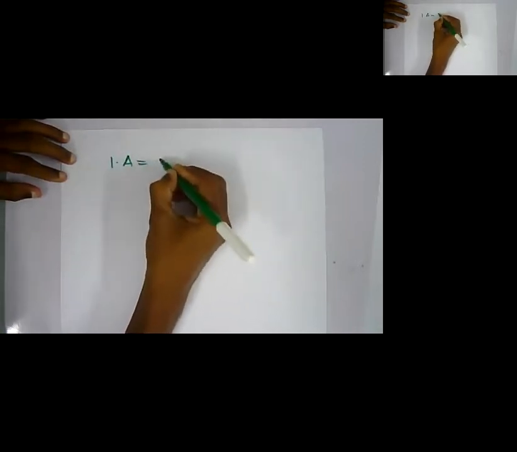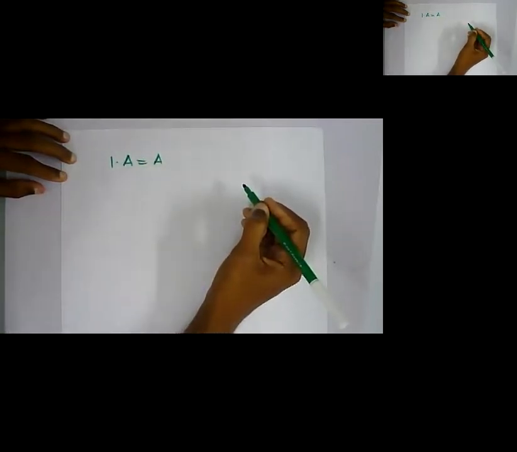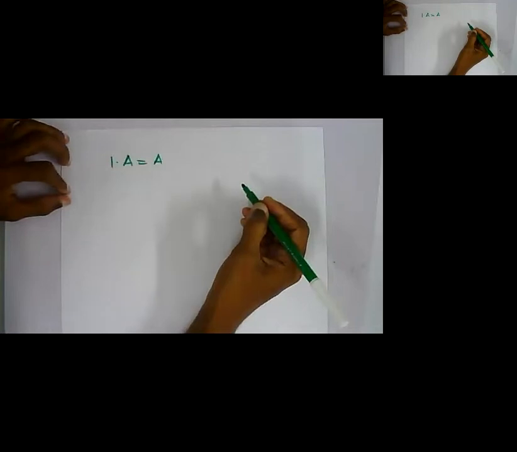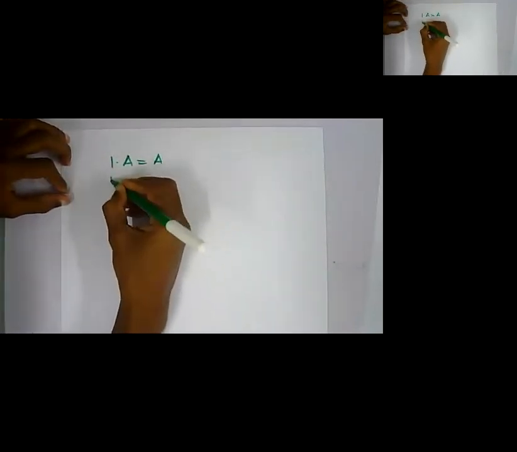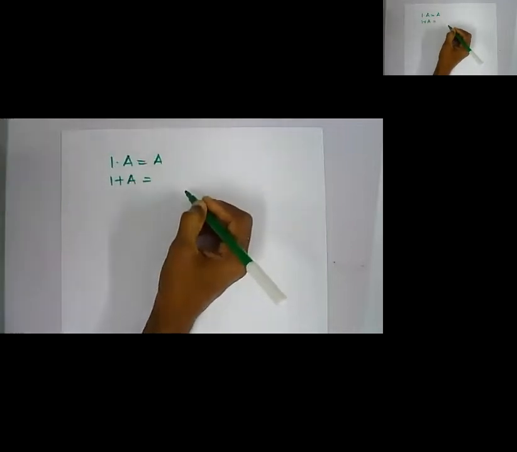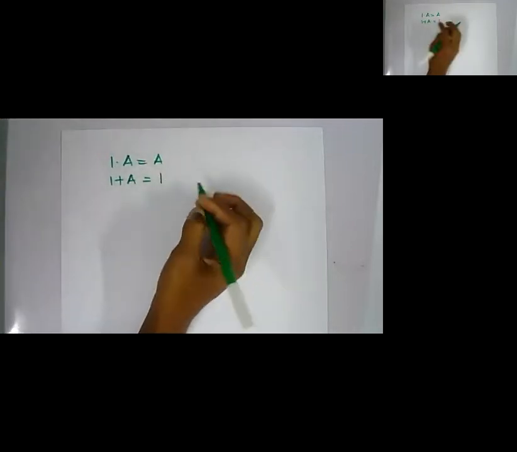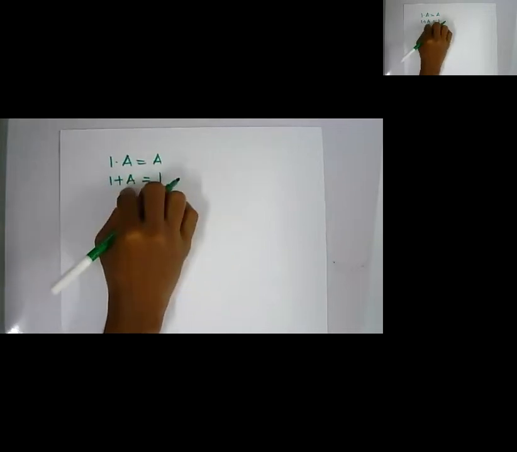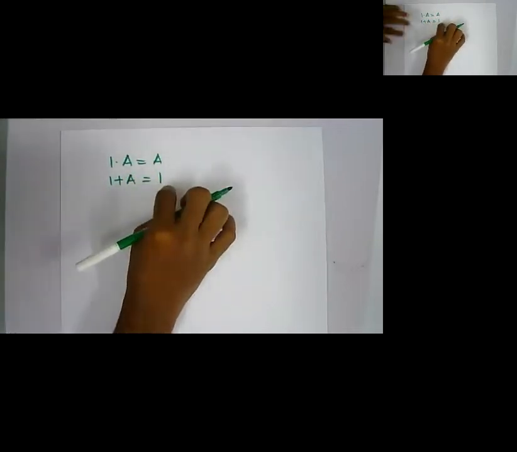Also, similar to our regular algebra, we have a set of laws. The first one is the identity law. For example, consider a number a: 1 dot a will be a. 1 plus a becomes 1, because if a is 0, 1 plus 0 is 1, and if a is 1, 1 plus 1 becomes 1.